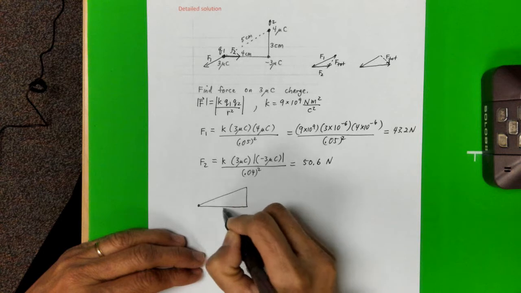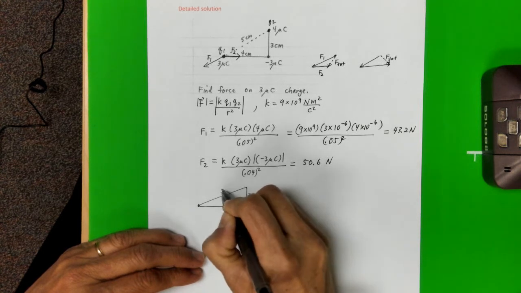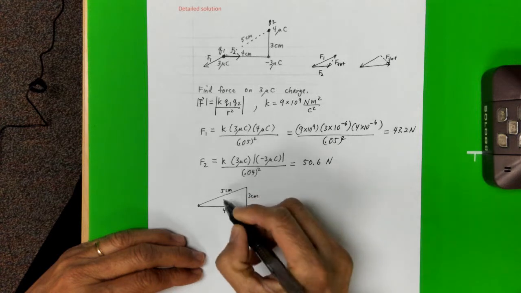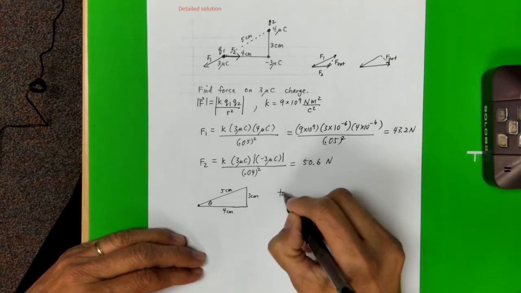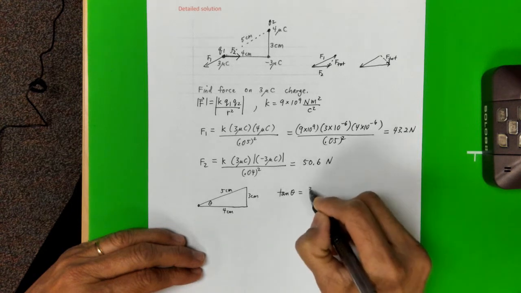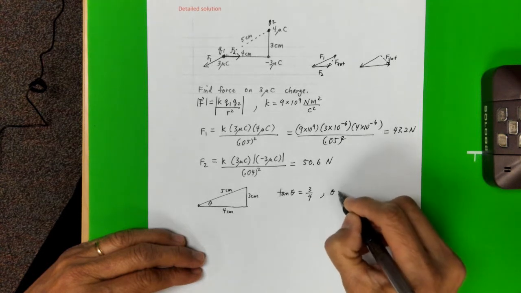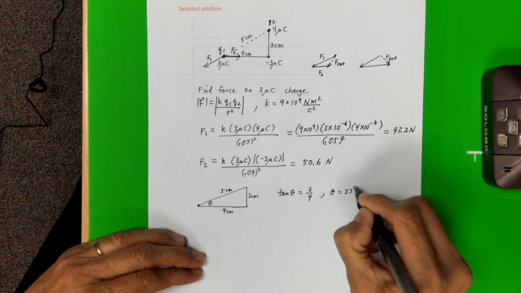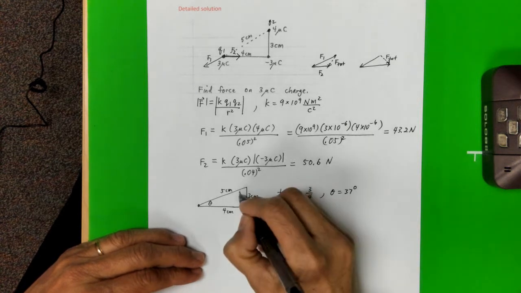This is the 4 side, 3 side, 5 side, and you can pick any angle you want. I'll pick that one, but then you can write some kind of trig function to figure out your theta, and here tan theta is going to equal 3 over 4, and that should give you theta equals 37 degrees. So then obviously the other angle here is 53 degrees.